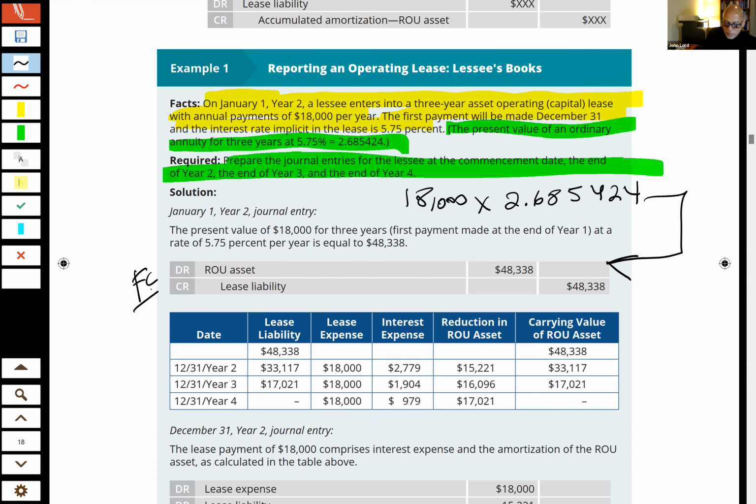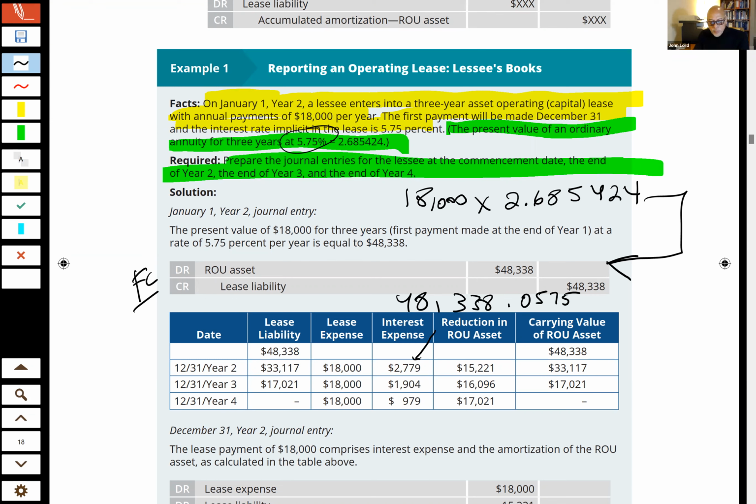Okay, now what happens? They say, look, you've got this 48,338 of this liability, and they tell you that the interest rate is 5.75, so you put in 0.0575. When you put that in, you get this interest expense of 2,779.